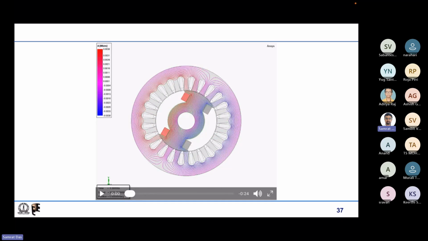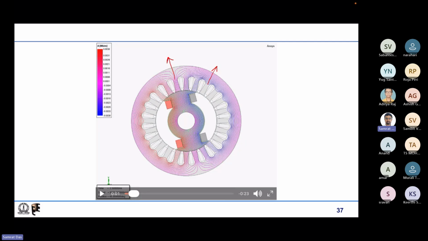Yeah, so this is the initial instant. Now if I move ahead by some time, you can see that initially the axis was here. Now with rotation, the axis has actually shifted to this point.